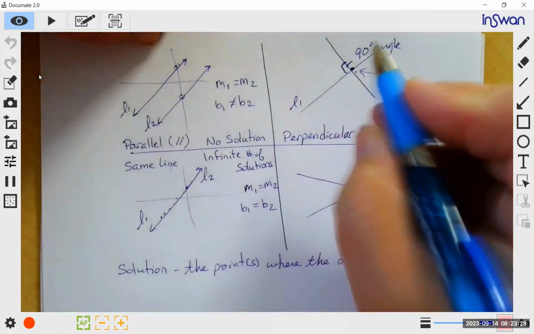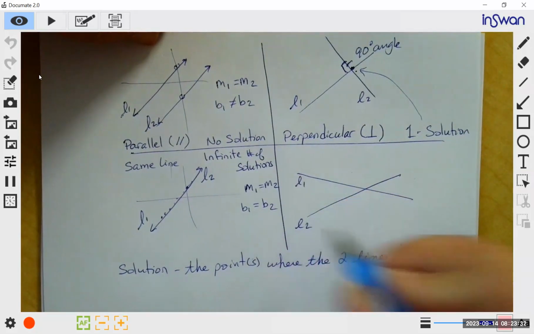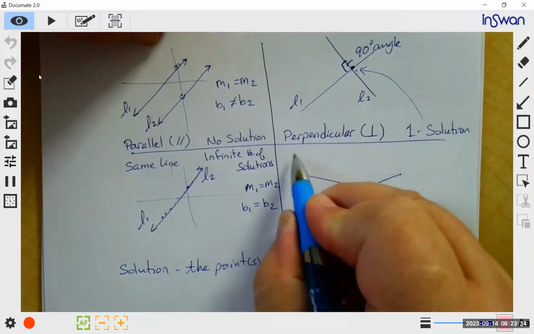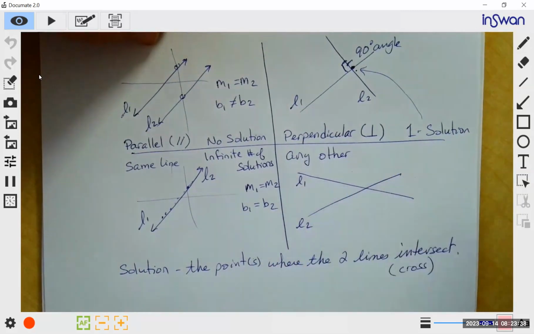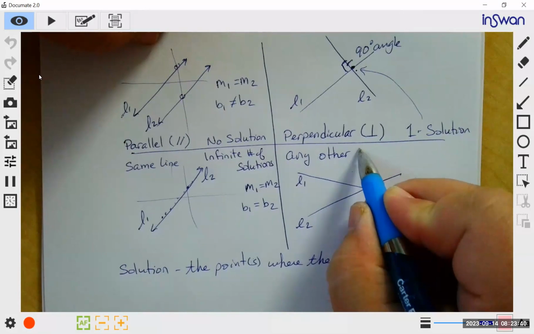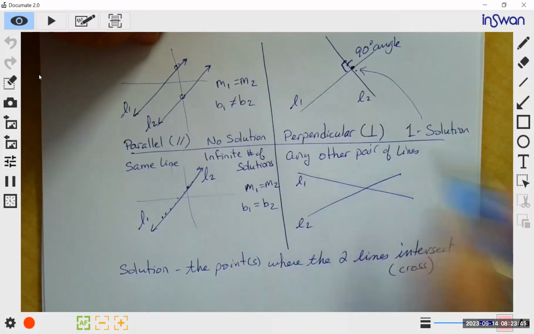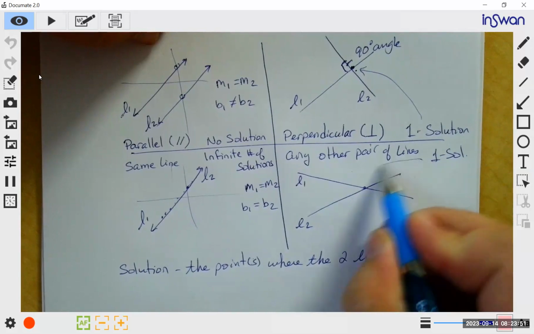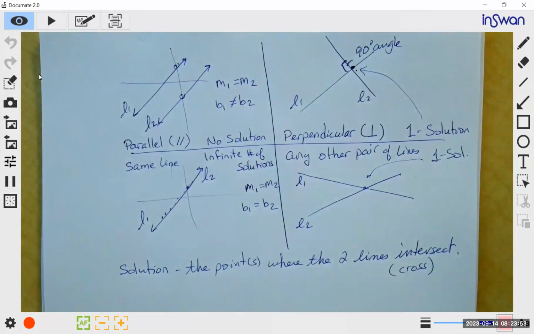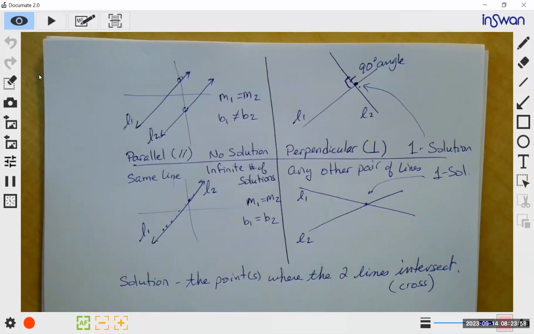So this is line 1, this is line 2. The last one is any other pair of lines. They're going to have one solution. But there has to be a way we can distinguish their differences.